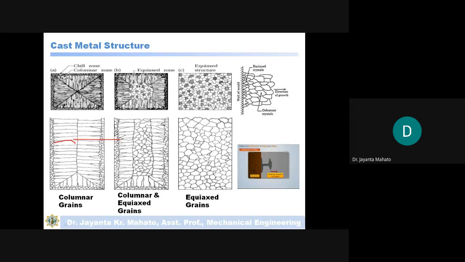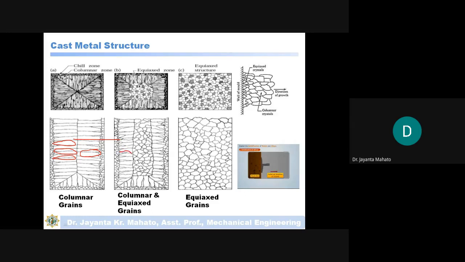Actually these are columnar grains. These grains are elongated type, elongated towards the center of the mold from both sides of the wall. The second one is a mixture of both columnar and equiaxed grains.